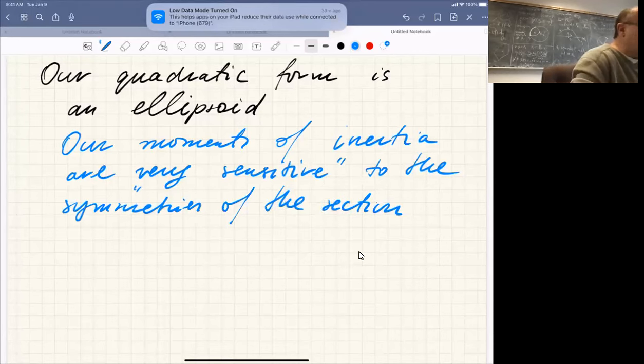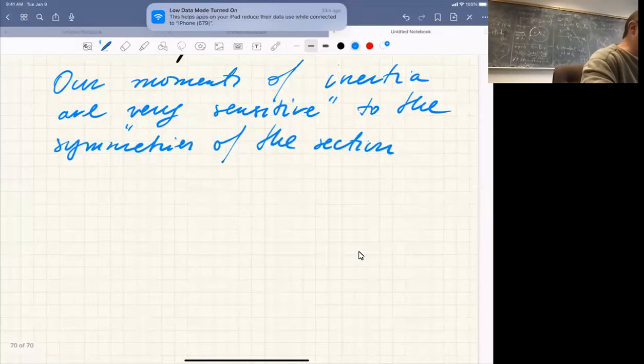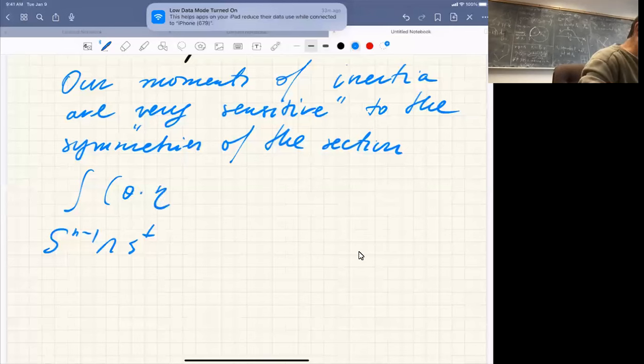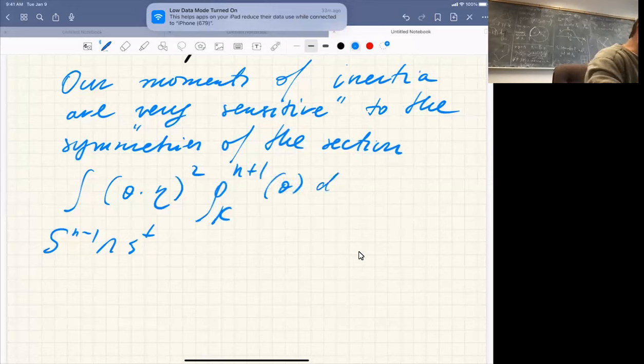Meaning that if I come back to the formula I had, let me write it down up to a constant. I had this quadratic part, and I had this power of mine, theta d theta. So I know that here I put the intersection without any trouble.